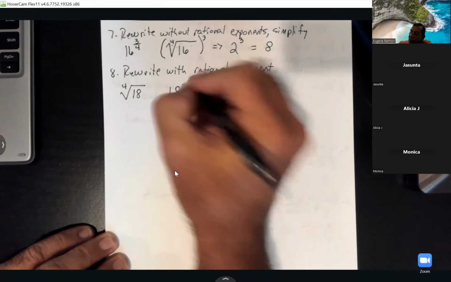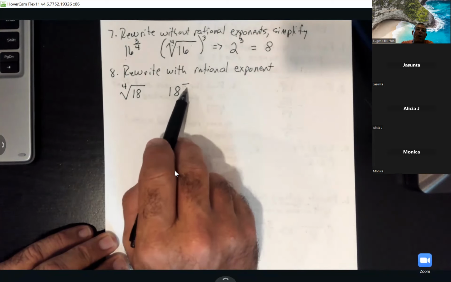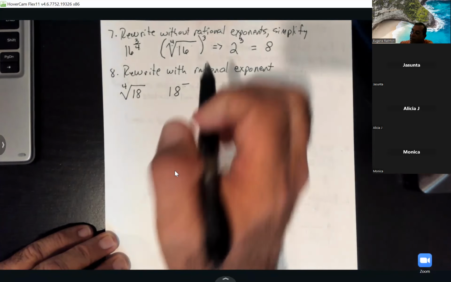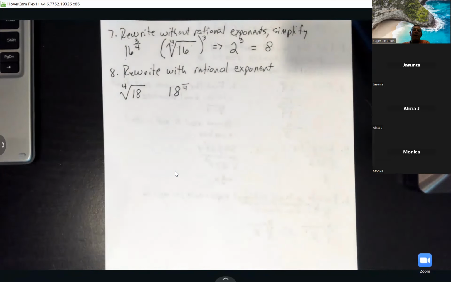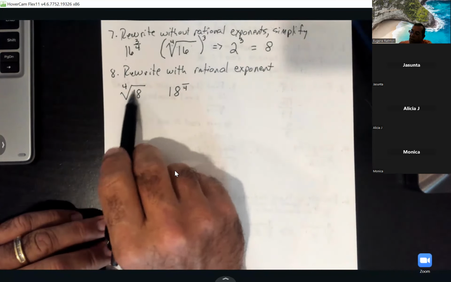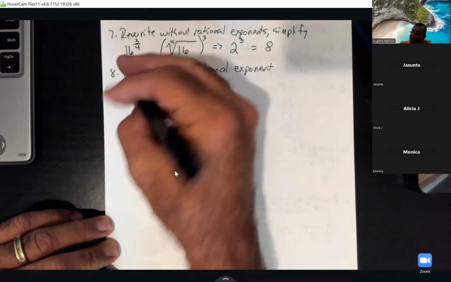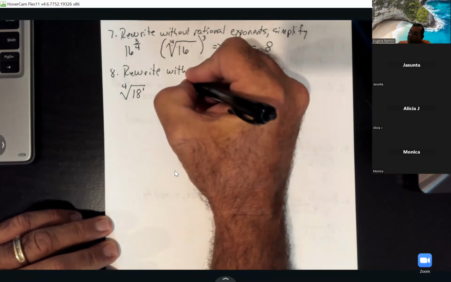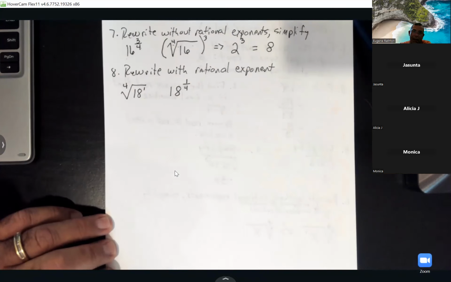Now remember, we're going to write it with a rational exponent, which is a fraction. We know automatically that the index of that radical is the bottom number of the exponent. So the 4 goes to the bottom. And y'all, once again, since the 18 doesn't have an exponent by it, we assume that it is a 1 sitting there. So the top number of my fraction has to be at least a 1 on that, okay?